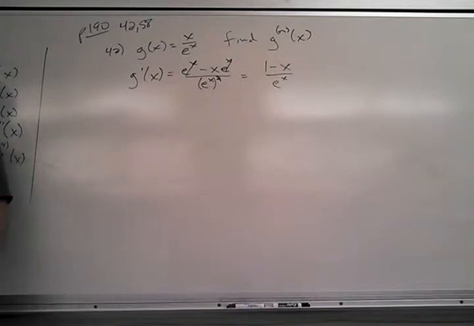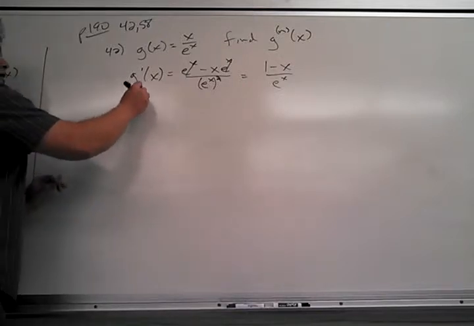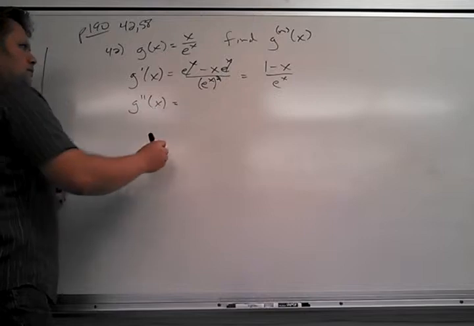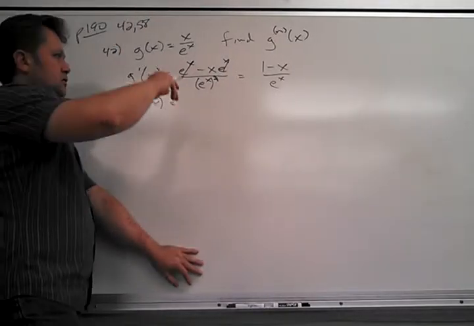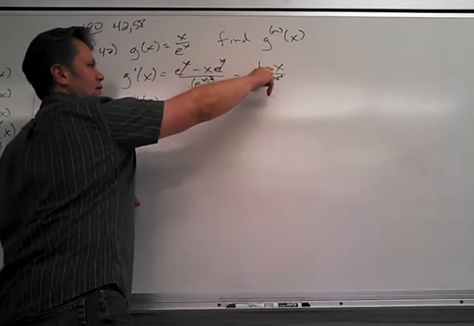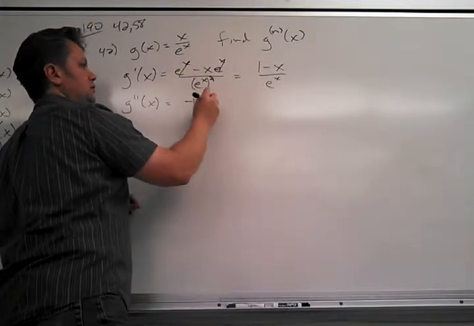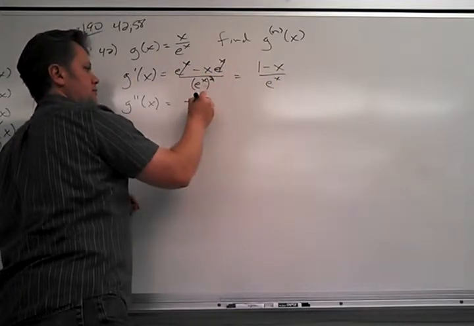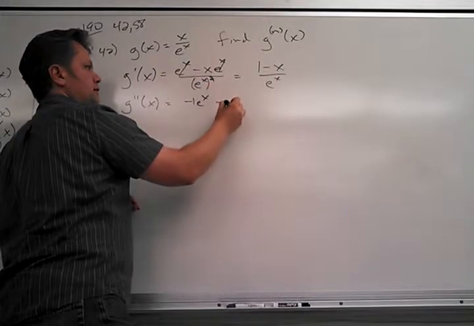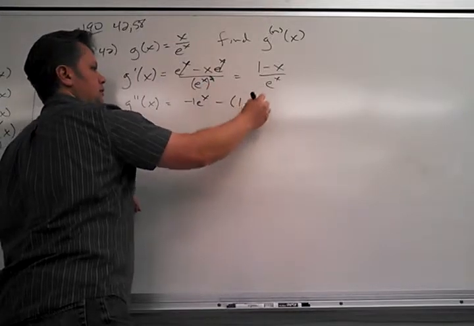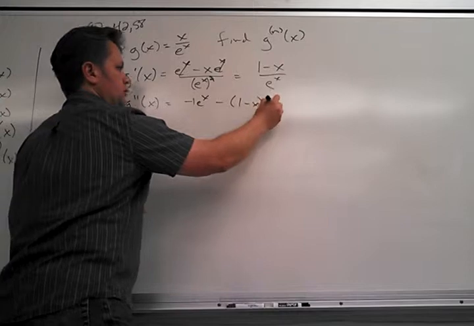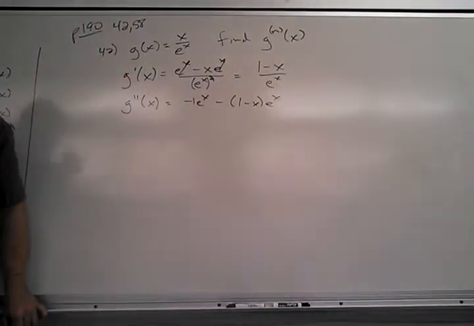So just keep going. What do you get for the second derivative? Let me get there. What's the derivative of the top? Negative 1, times the bottom, e to the x, minus the top, x, times the derivative of the bottom. Are we all cool with that? That's the quotient rule.